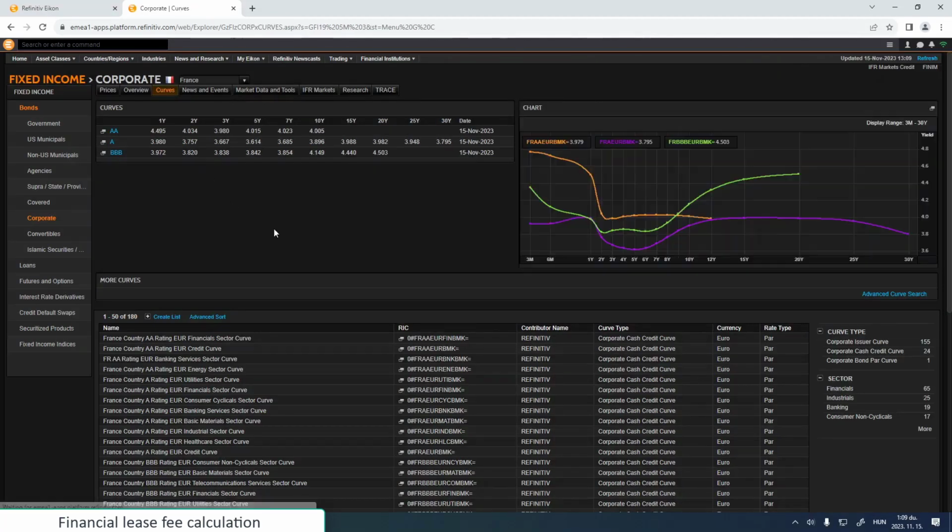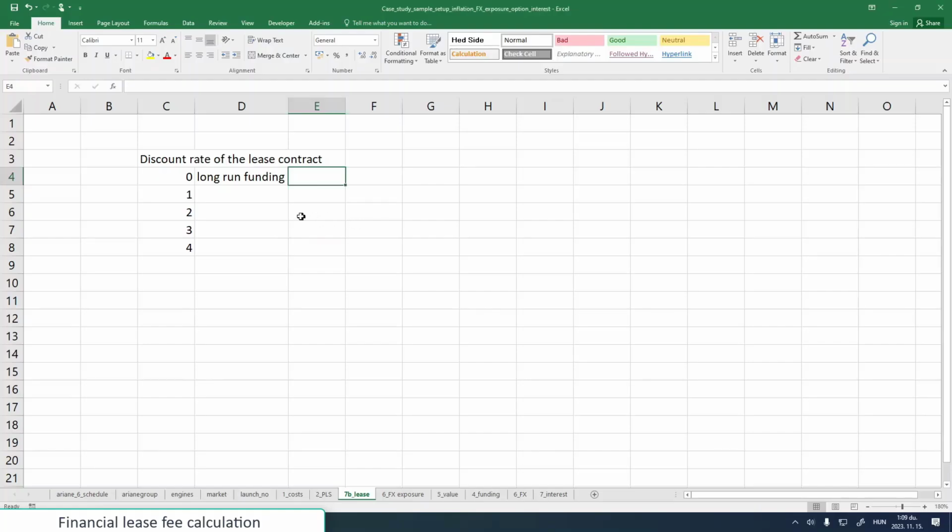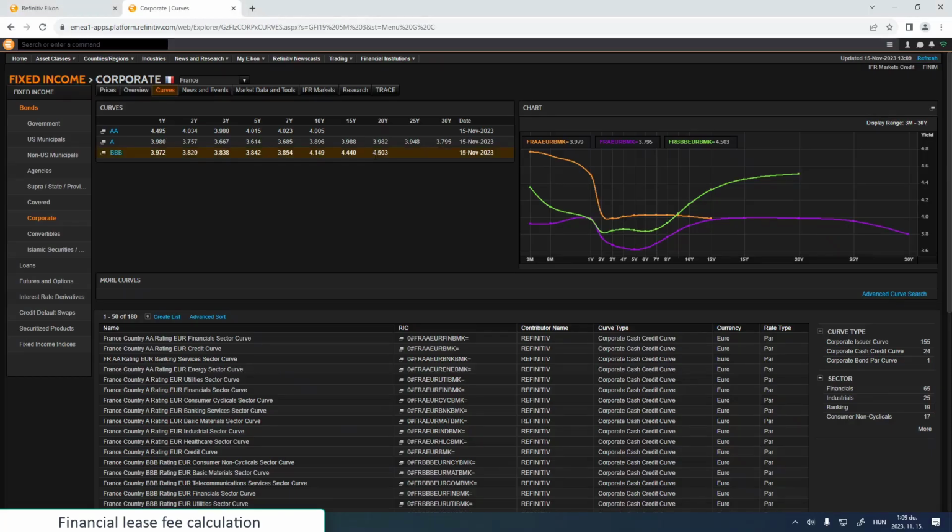In this case it's quite simple, so let's assume several things. First of all, the leasing company is single A rated, and also we can say that this will be a real estate business, so at least we are signing a contract for 20 years.